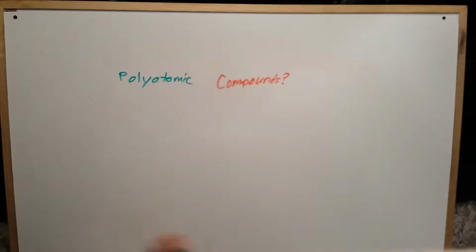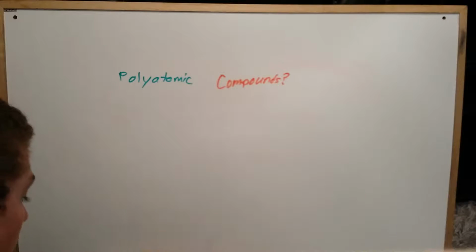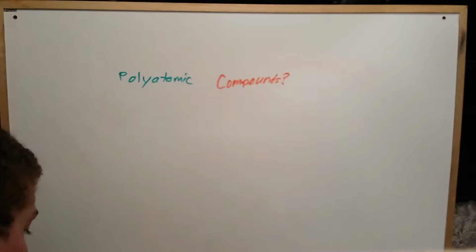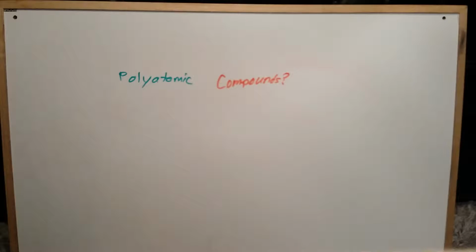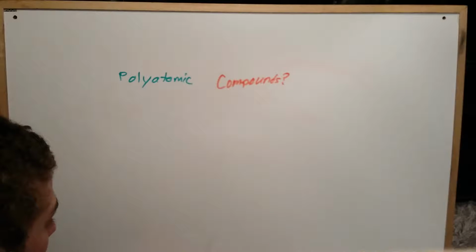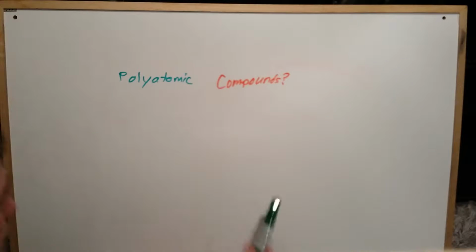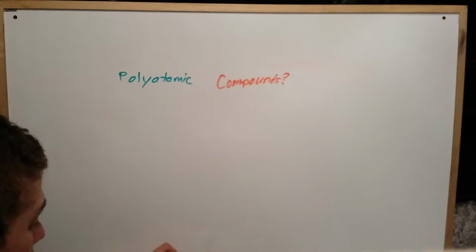What is a polyatomic? Well, I'm going to let you know. A polyatomic is a sort of ion, and it's kind of like a couple elements put together. So in a way, it's actually a compound, if you kind of want to look at it.